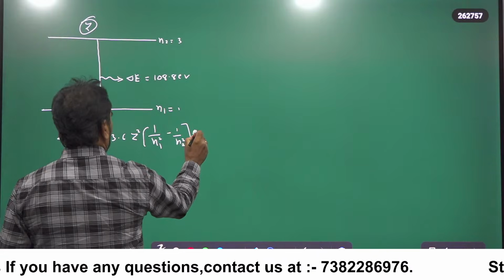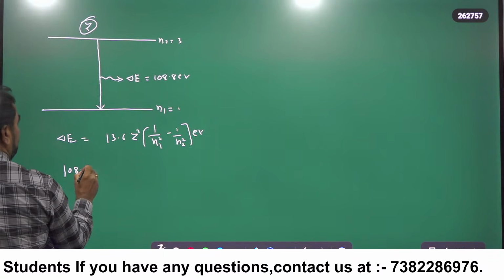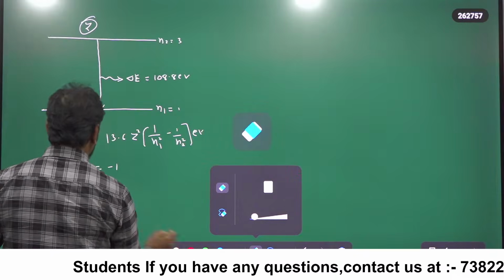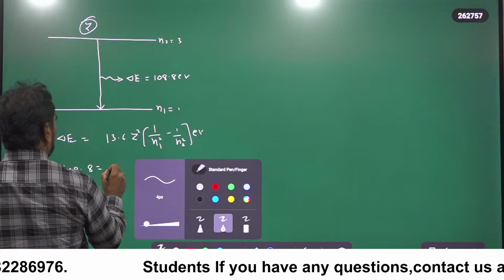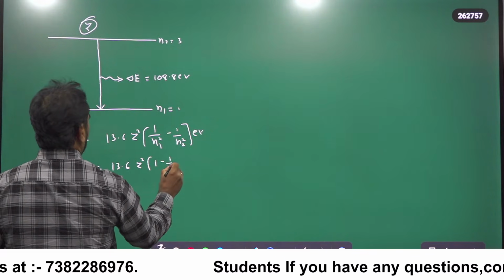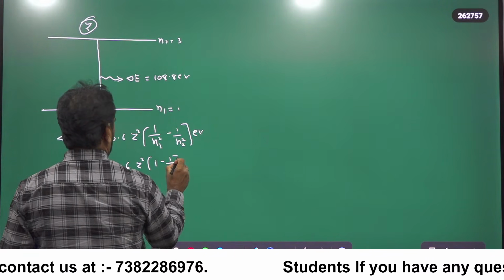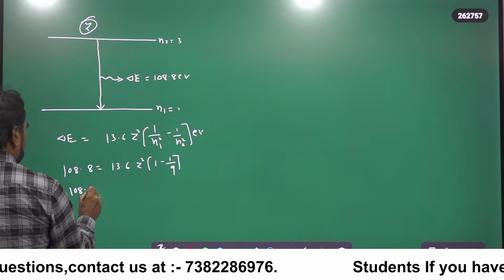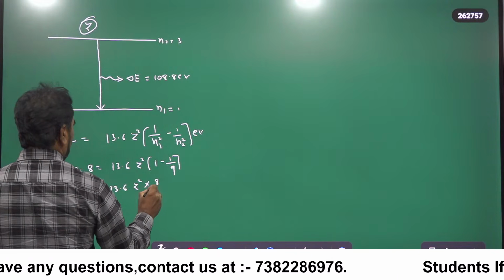This value was given: 108.8 is equal to 13.6 Z square into 1 minus 1 by N2 square, with N2 equal to 3, so 9. That is what I am writing here: 108.8 is equal to 13.6 Z square into 8 by 9.